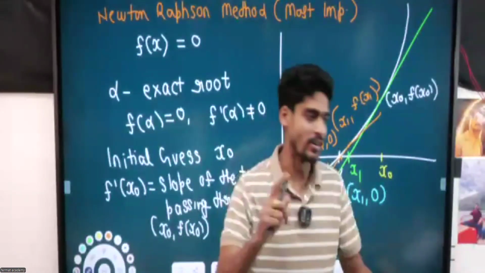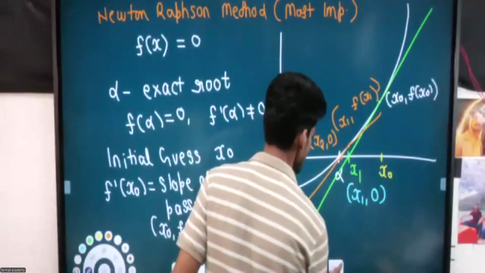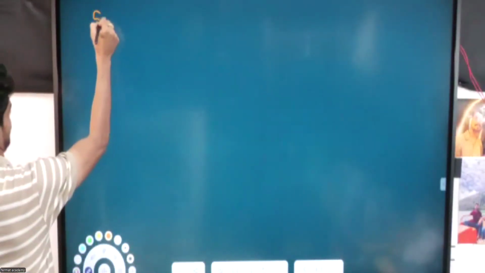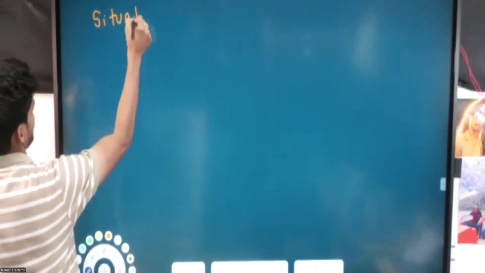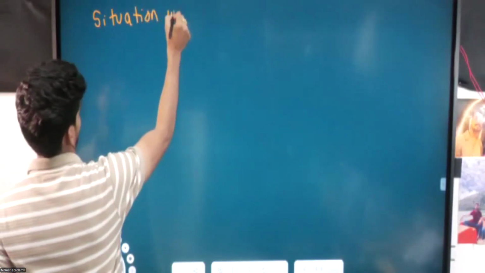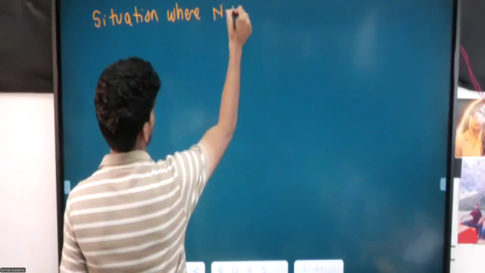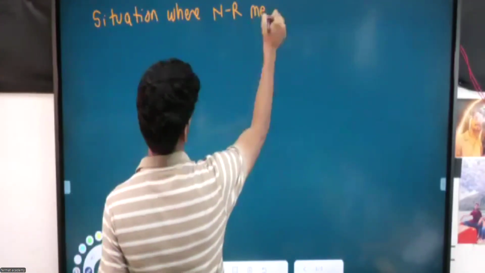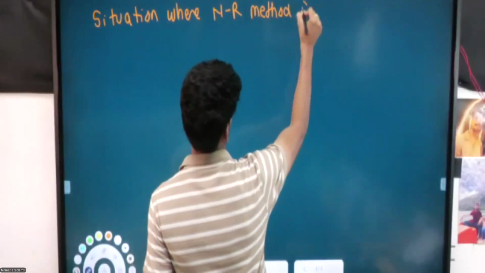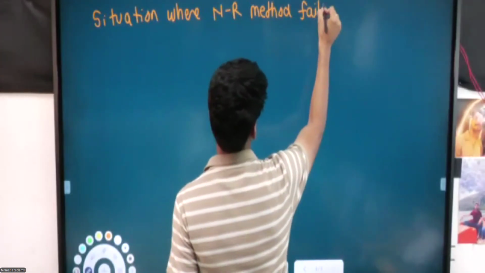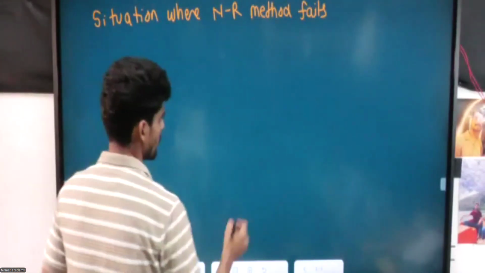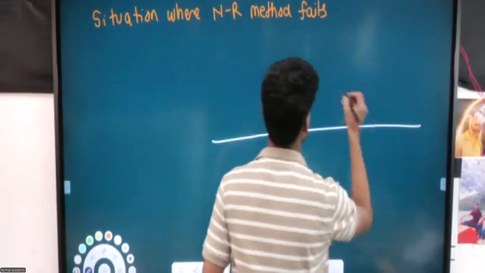But suppose let me take one more situation, where, let me call in short, this is the NR method, Newton-Raphson method, fails.